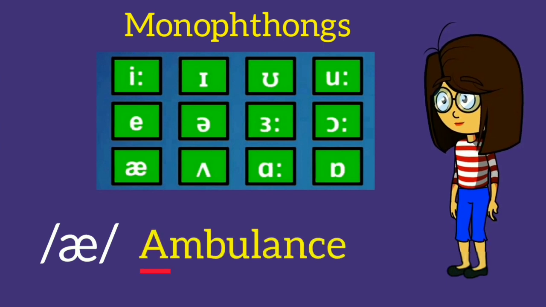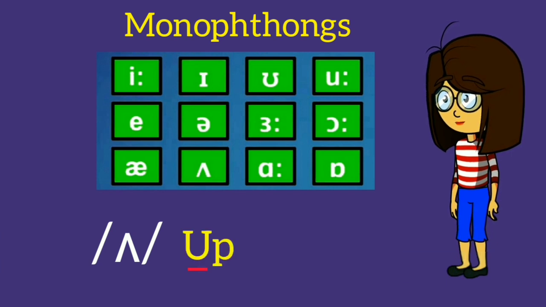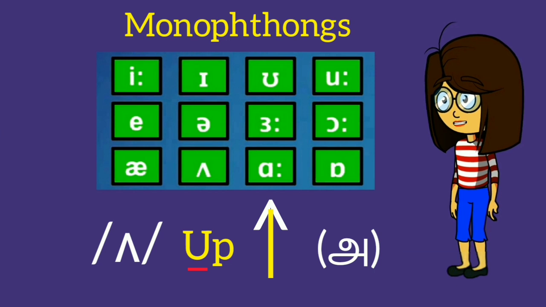It sounds like an alphabet. Next is the sound in the word up. You can relate by seeing this symbol in the upward arrow mark. This phoneme is similar to the sound of a Tamil letter.